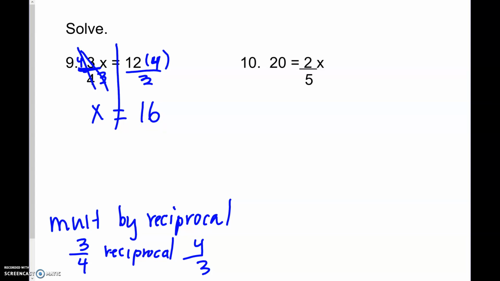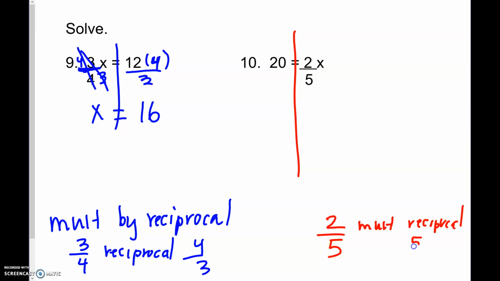So let's look at number 10. When we draw our line down, we have this fraction 2/5. So when we have a fraction in front, we're going to multiply by the reciprocal. And what is the reciprocal of 2/5? We flip that, and that becomes 5/2. So remember, whatever you do on one side, multiply by 5/2.